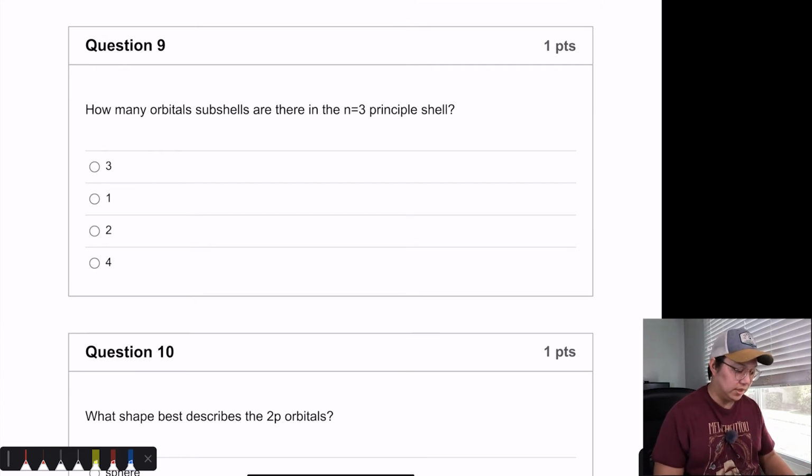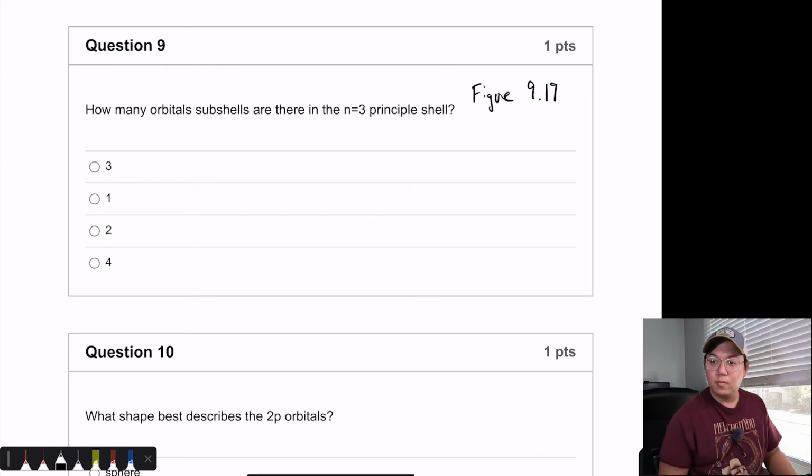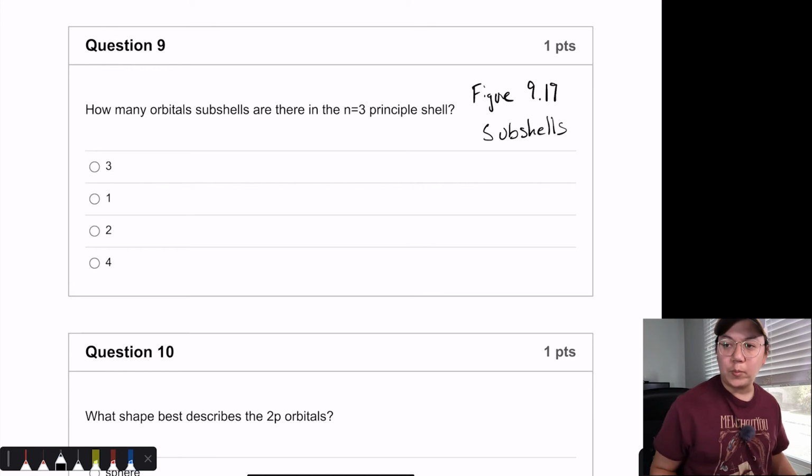All right, so question 9. How many orbital subshells are there in the n equals 3 principal shell? Mostly I wanted you to go and find figure 9.19 in your textbook. The title of that is subshells.